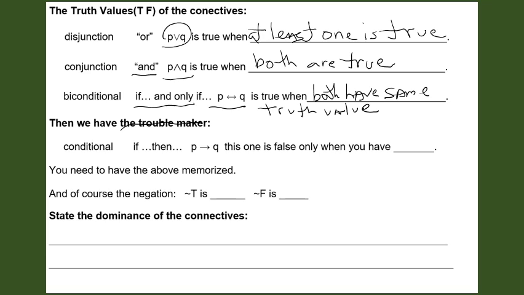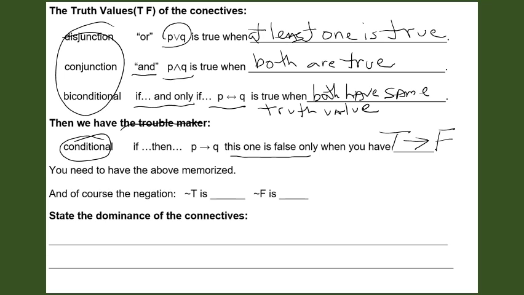So we memorize when this one is false, because it's only false when P is true and Q is false. I like to simply say when a T gives an F. When a T gives an F, this statement is false. Otherwise, it's true. So again, for the three at the top, we memorize when they are true.